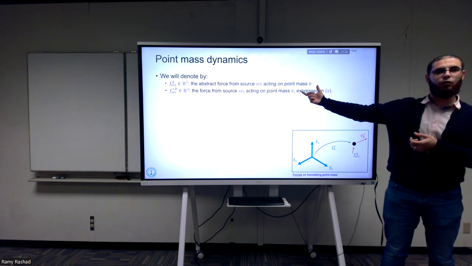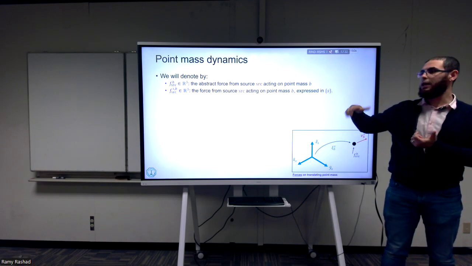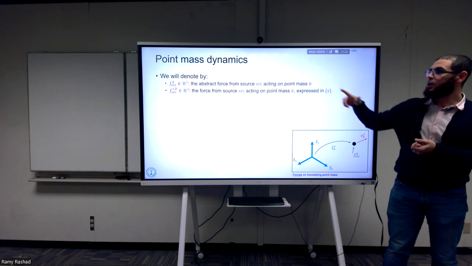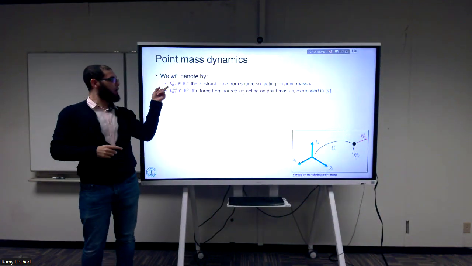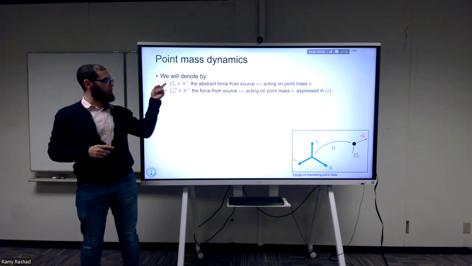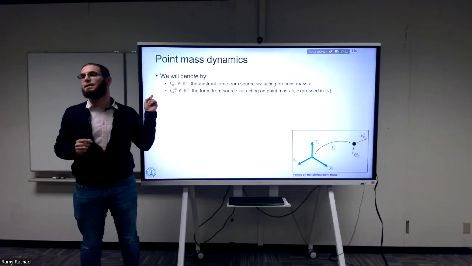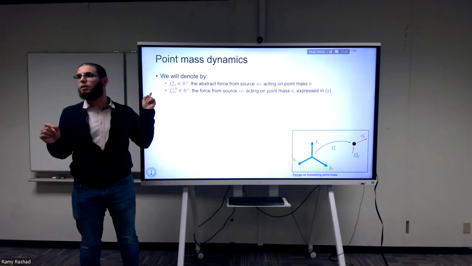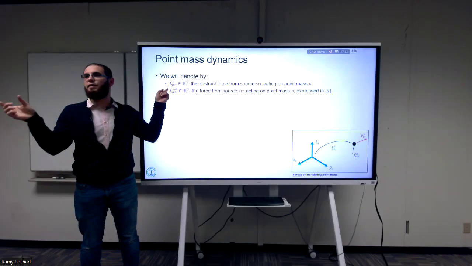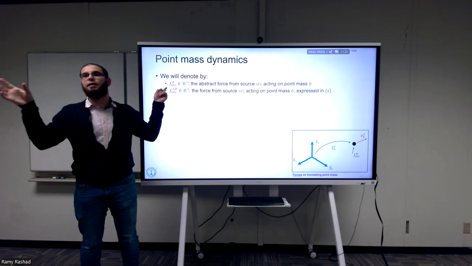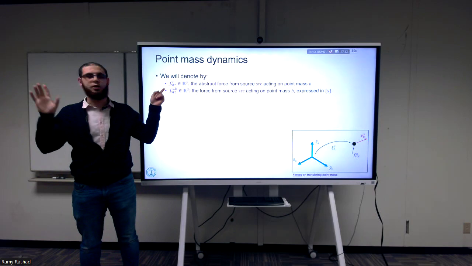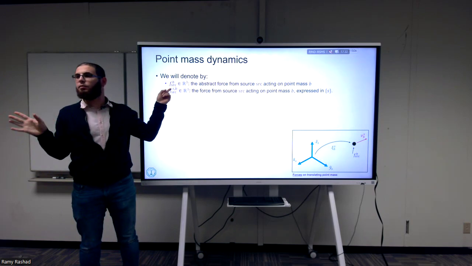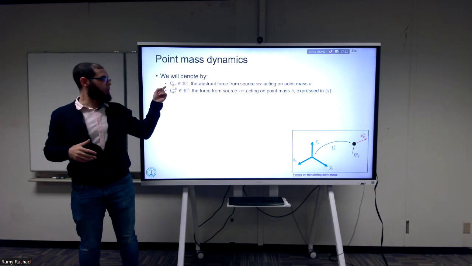This will be the notation we're going to use for forces, and later on for torques and for wrenches. Down there in the subscript, this will be called the abstract force from source S, applied on the point B. This can be a gravitational force, a magnetic force, a force from a controller, or a force from a propeller. Different forces have different sources.